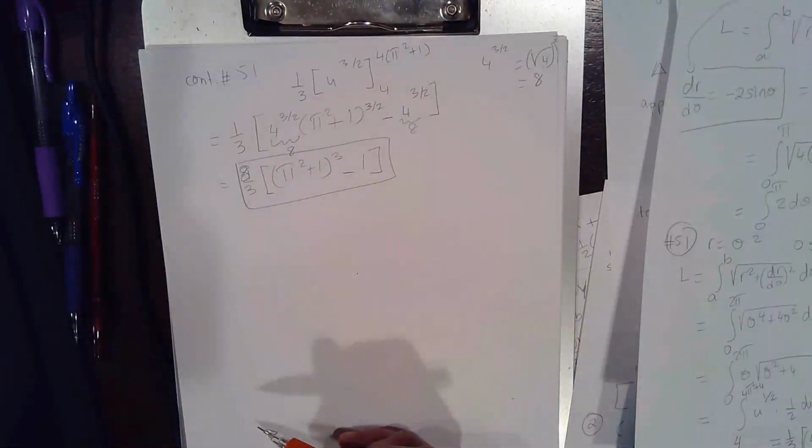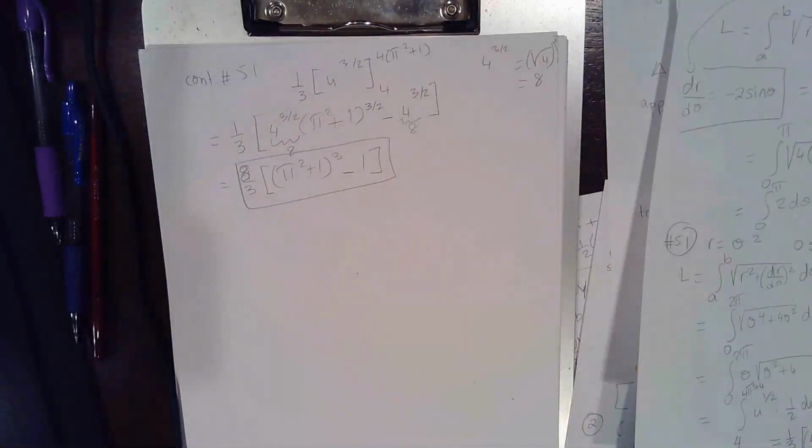There are also problems where you find the length of the curve correct to 4 decimal places, so it won't be exact like this. You're just going to have to use your calculator to get the answer.